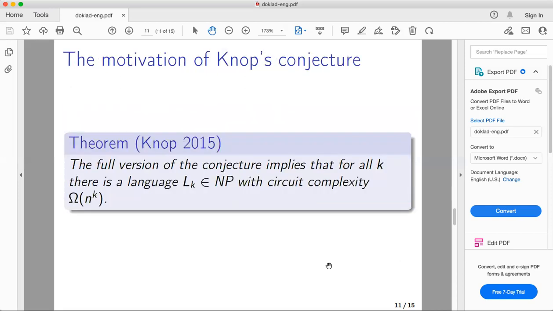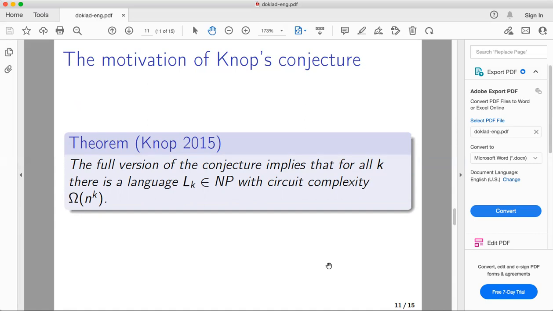So this conjecture is interesting because of its connection to circuit complexity. One can show that the full version of the conjecture implies that for all constants k, there is a language in NP whose circuit complexity grows as n to the k, where n is the length of the input.